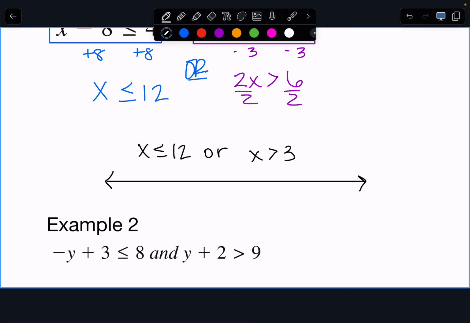We have to be in one or the other, correct? Okay, so our purple inequality. We have an open circle at 3, and which way do we go? Which way? We go to the right?